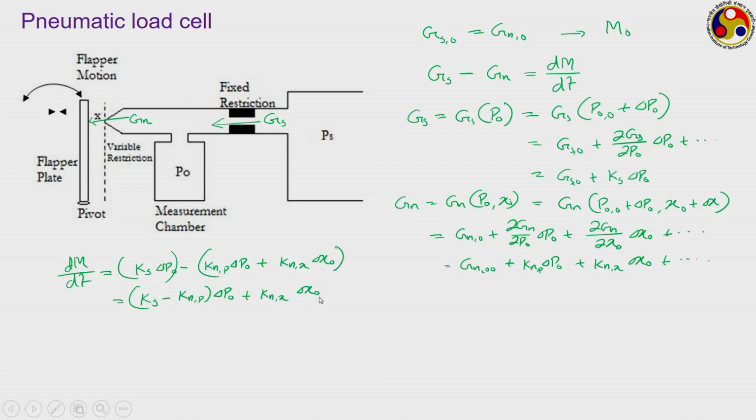Commonly we use the ideal gas approximation for this, and if we use the ideal gas approximation and use the relation PV equal to mRT on this gas stored in the chamber, then it can be shown that this relation finally reduces to something like this.